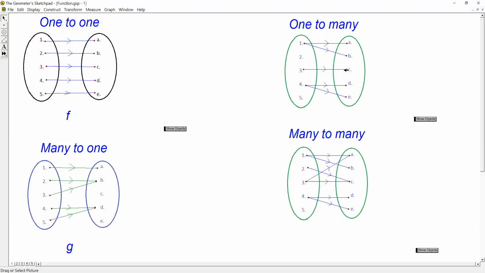This function, some of them, they have inverse, and the inverse is a function. Some of them, the inverse is not a function. So we are going to look at these two types. These two types, they are functions. So when is this function, the inverse function is also a function.